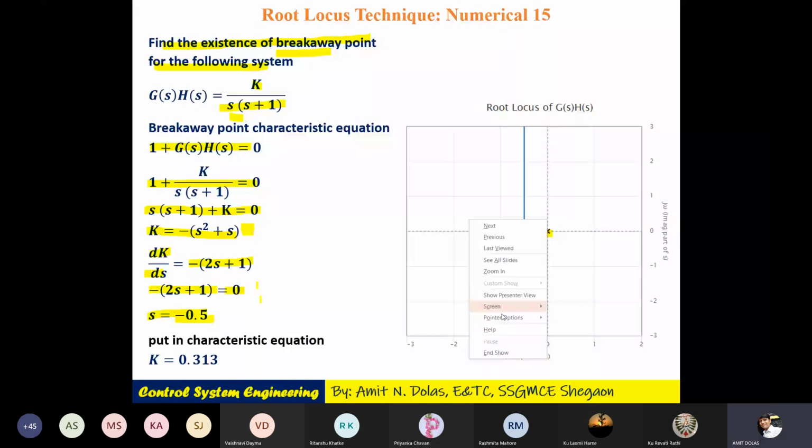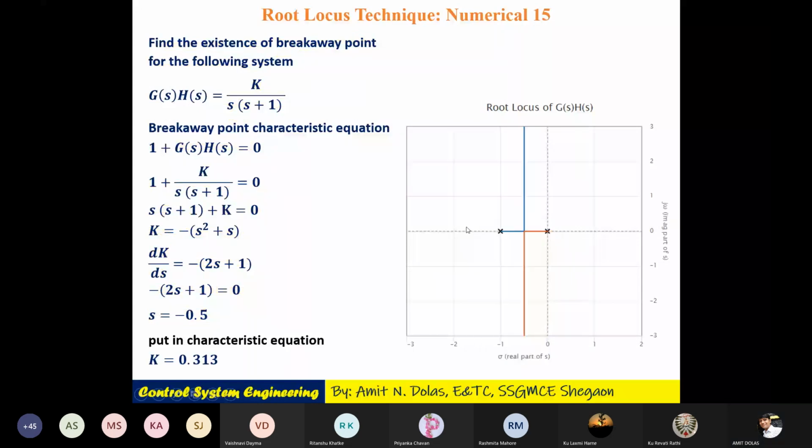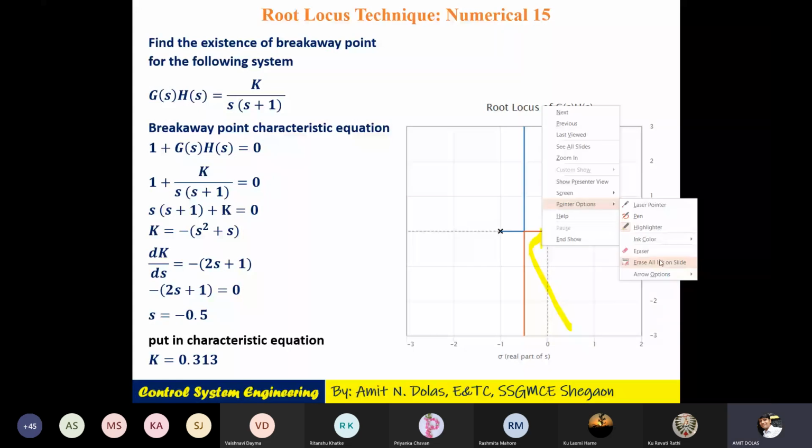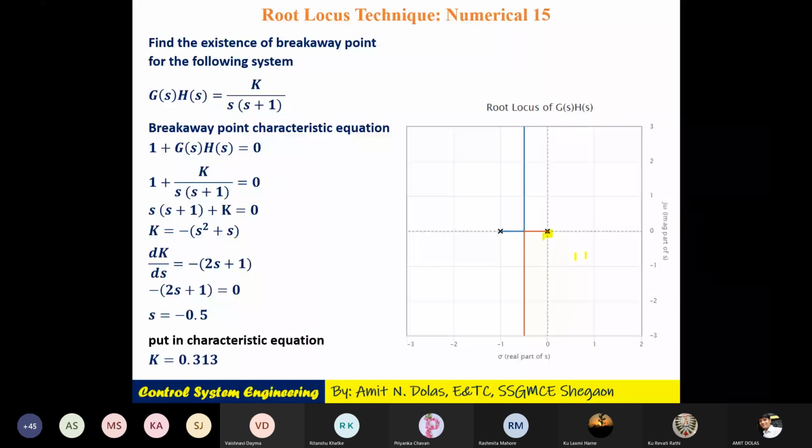One pole is at 0. Another pole is at minus 1. And your breakaway point is at minus 0.5. This means if I vary K from 0 to infinity, where is K 0? The K value is 0 at the location of the poles.